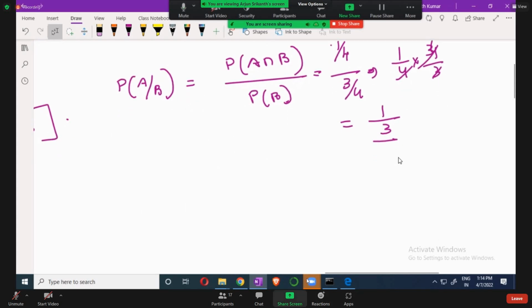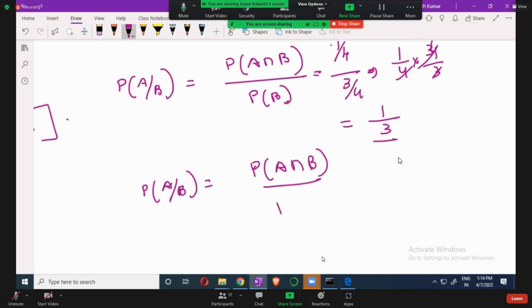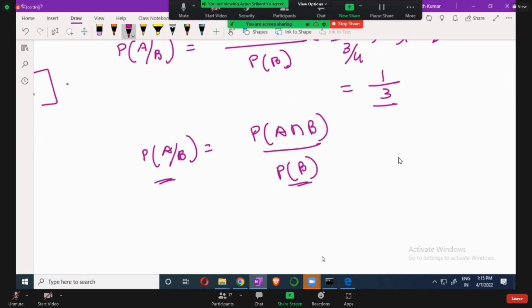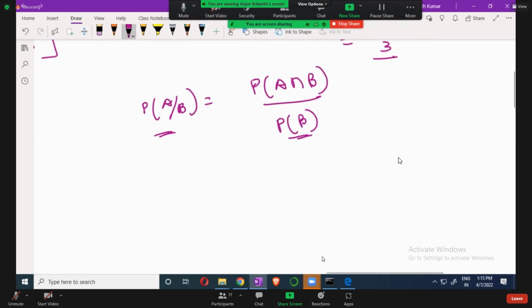So now observe this one, guys. The probability of A by B is equal to the probability of A intersection B by the probability of B, right? Now this is the normal conditional probability. We know this. Now I want to derive the Bayes theorem from this conditional probability. I can also write this as, what is the probability of the B event happening when A is already given?